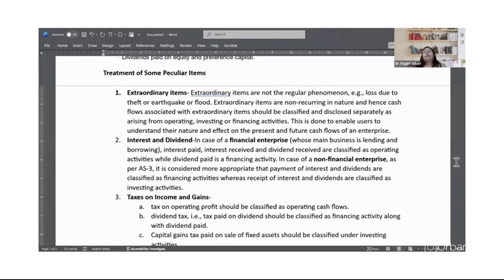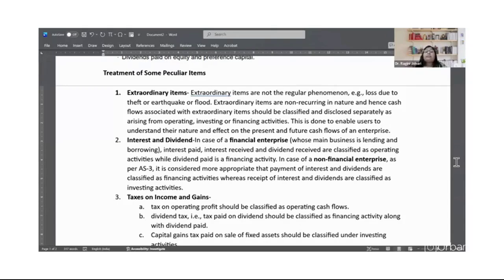But suppose this company is a financial enterprise whose main business is lending and borrowing. In this case, interest paid, interest received, and dividend received are classified as operating activities, whereas dividend paid is a financing activity.